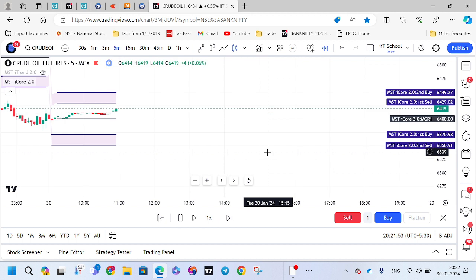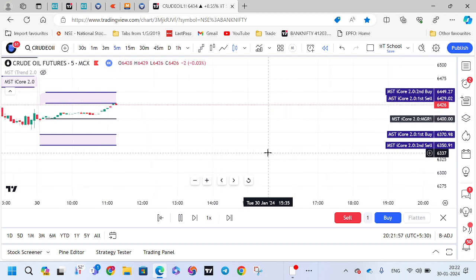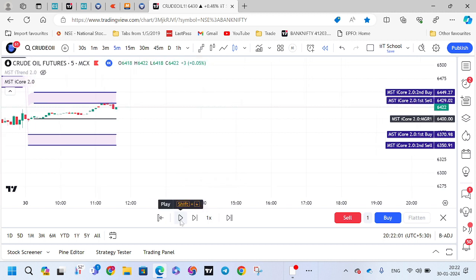We can take 3 points of extra risk. So nowadays crude oil mini is available, so don't trade in the mega. If you want to trade in crude oil, start with crude oil mini, and you can add quantity when the market is going against your direction, so that you will get more profit and less loss.